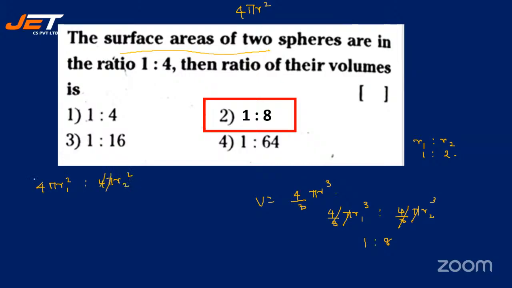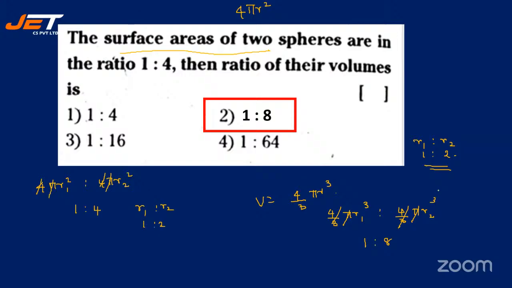So the common 4 pi we are cancelling. So we are getting r1 square is to r2 square, this is 1 is to 4. If I want r1 is to r2, then I have to take the square root of 1 is to 4, which is 1 is to 2. That's how I have got 1 is to 2.